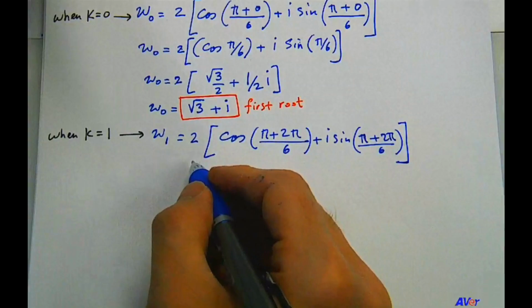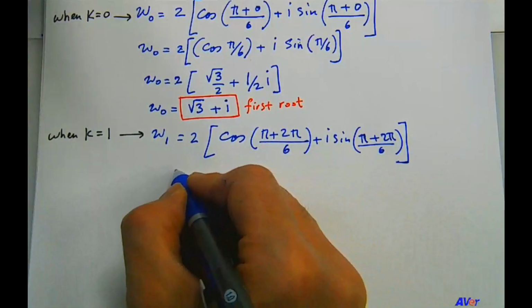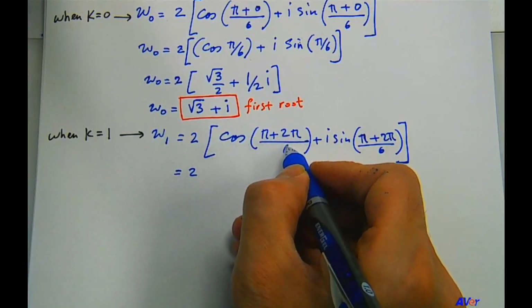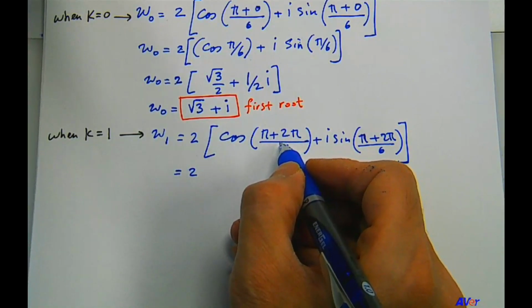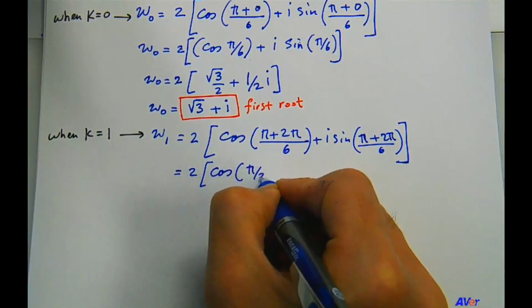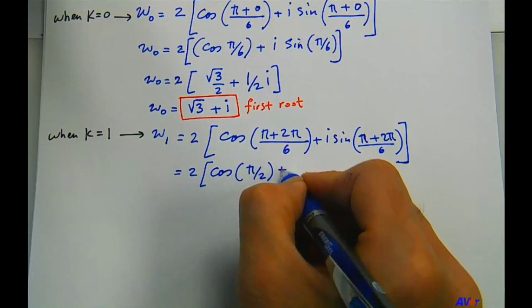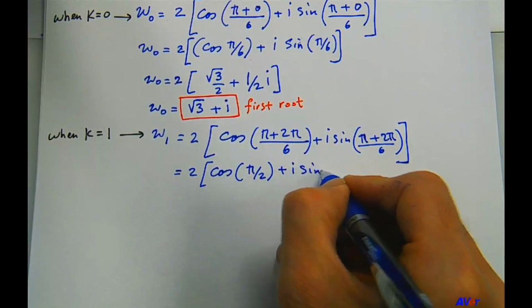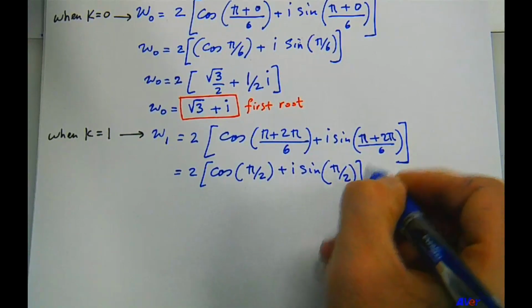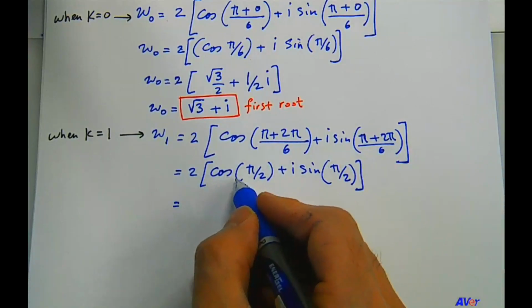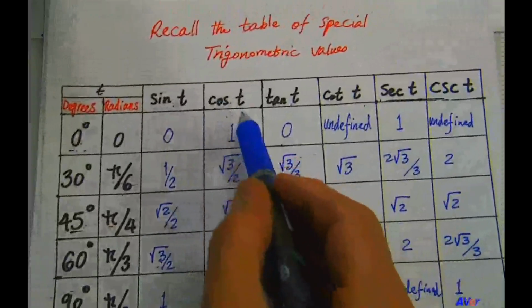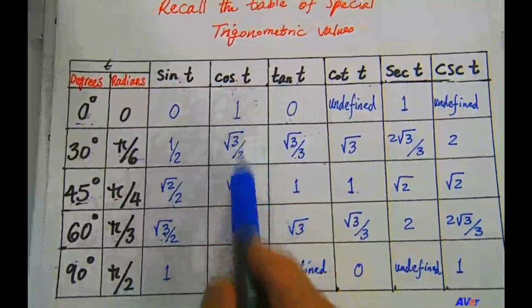Okay. So we have, what do we have? We have 2 times, this is 3 pi over 6 or pi over 2, right? So 2 times cosine of pi over 2 plus I sine of 3 pi over 6, again, is pi over 2. Now we know cosine of pi over 2 is how much? Do you remember? Cosine of pi over 2 is 0.